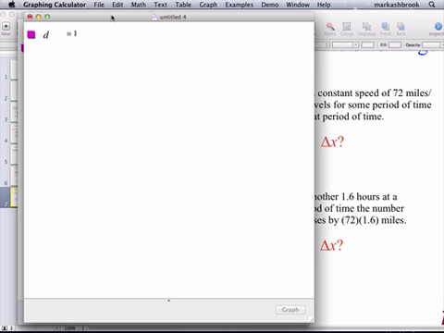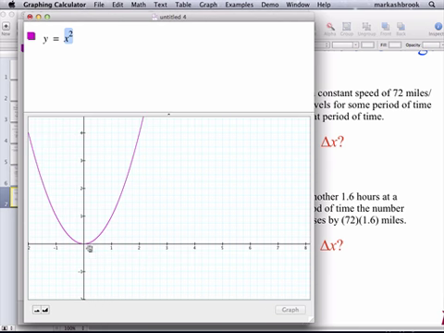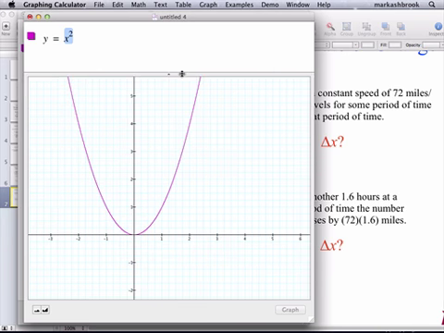So one easy way to graph is just to type in y equals x squared, and as soon as you hit enter, it will graph it for you. So no function notation used.